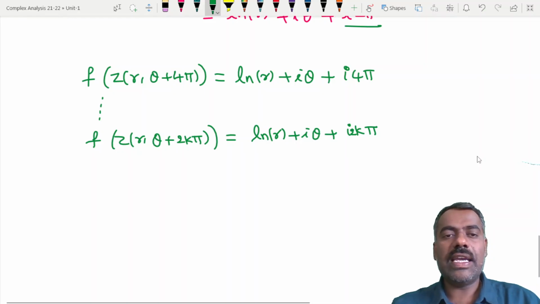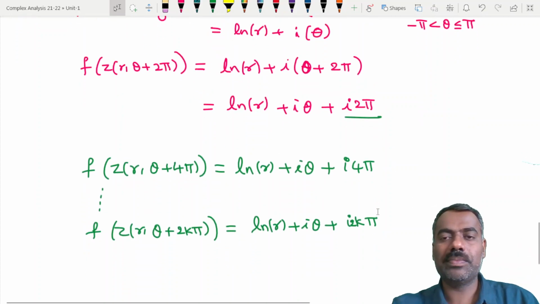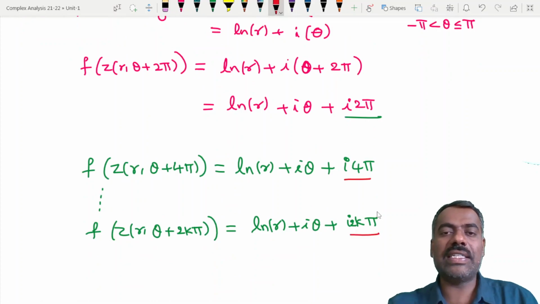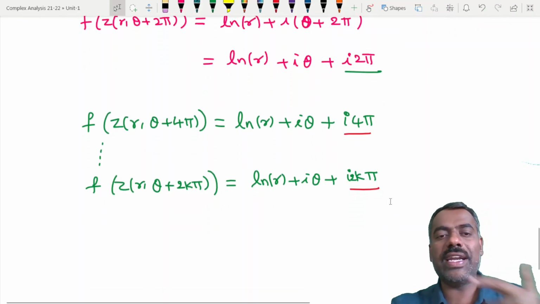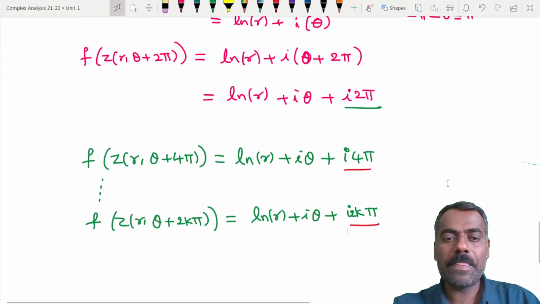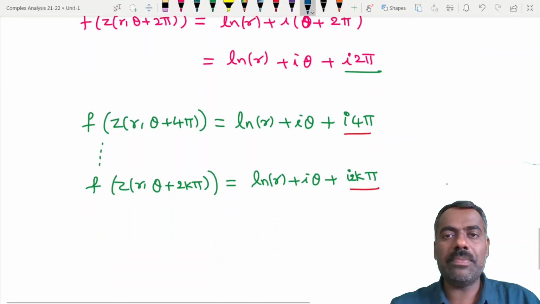So whether it is a single valued function or a multi-valued function? Every time after reaching 2 pi, you are getting a different value. Yes or no? So you are not going to get a single value any time. That means it is not going to return to the previous value of f of z. Are you following? So therefore, this f of z is not only a multi-valued function, it is an infinite multi-valued function.